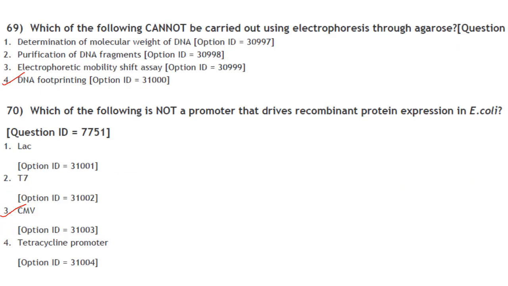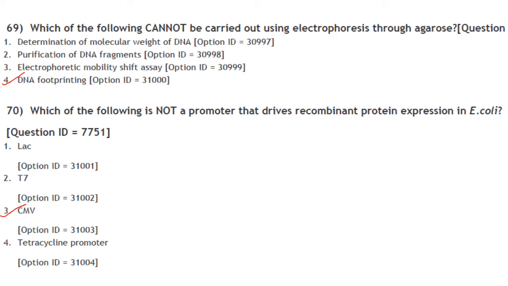The next one. Which of the following cannot be carried out using electrophoresis through agarose? Determination of molecular weight of DNA, yes. Purification of DNA fragments, yes. Electrophoretic mobility shift assay and DNA footprinting. Okay. So the electrophoretic mobility shift assay is based on protein-DNA interaction.